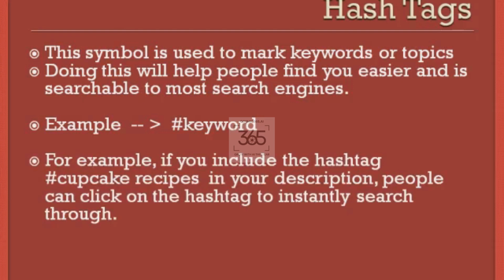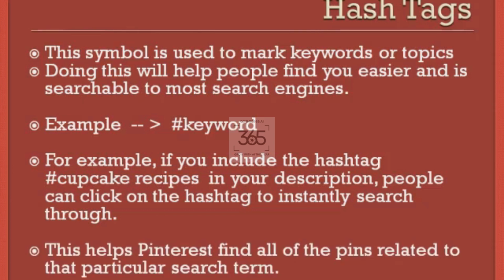So for example, if you included the hashtag number sign cupcake recipes in your description, people can click on the hashtag, and the number sign cupcake is going to be highlighted as a link. Whenever somebody clicks on that, they are going to get pictures that relate to cupcakes. And this helps Pinterest find all of the pins related to that particular search term.